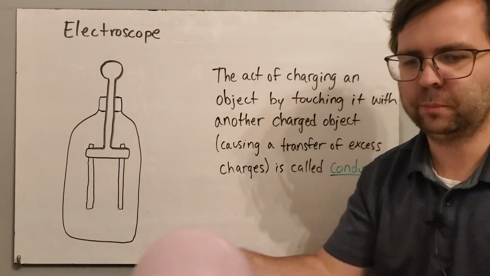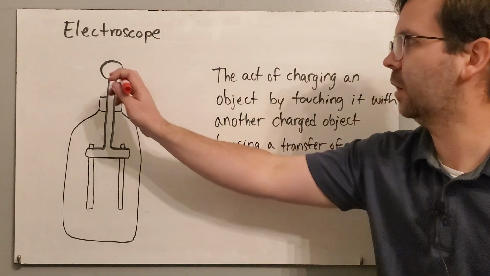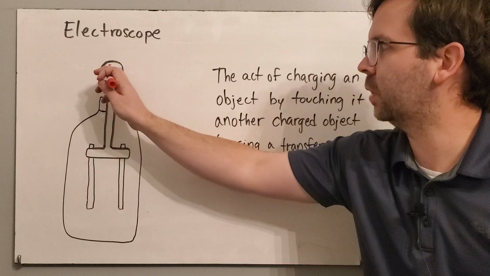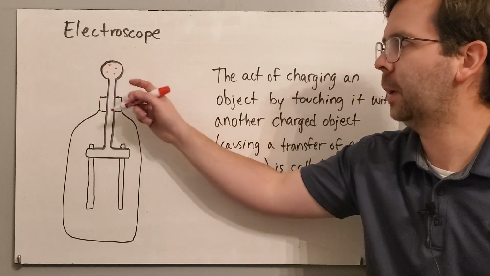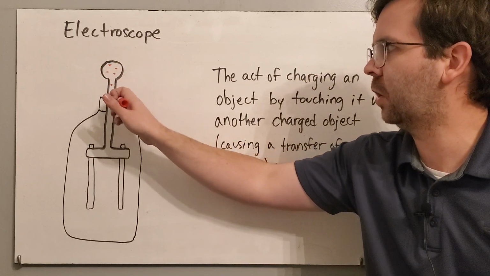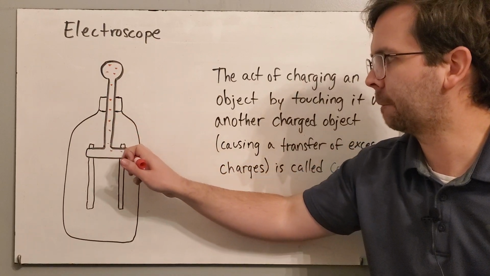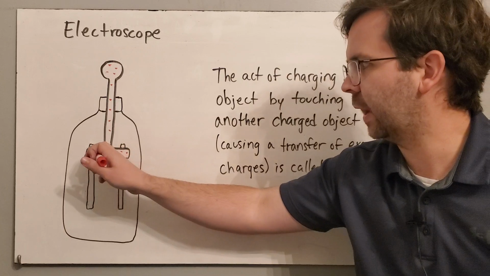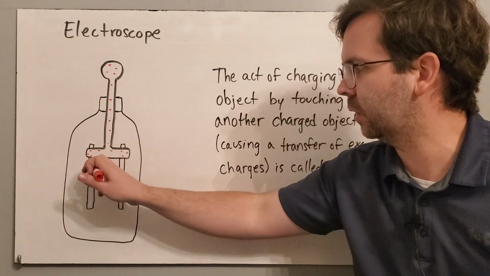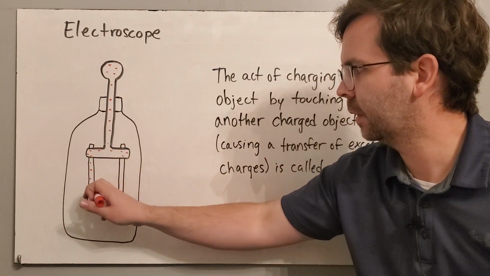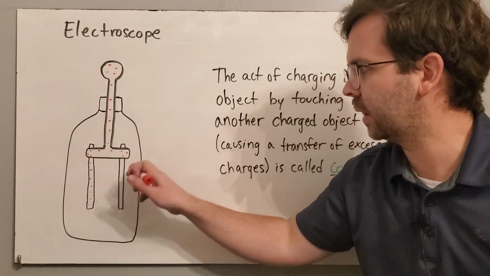Now, if that's true, and this metal is a conductor, those electrons won't want to stay up at the top, but they will want to spread out all along the outer surface of this conductor. And if they do that, they'll even spread to these little leaves of the electroscope, and the electroscope will acquire a negative charge.